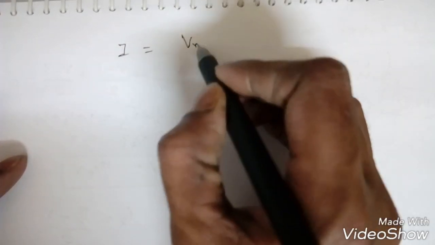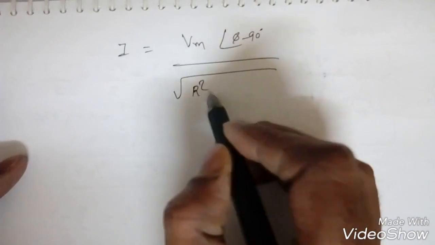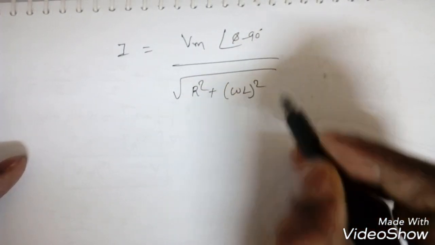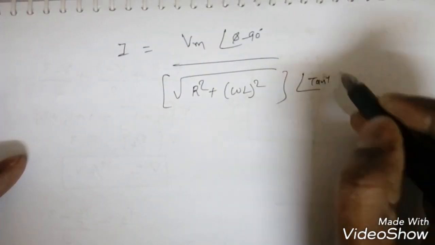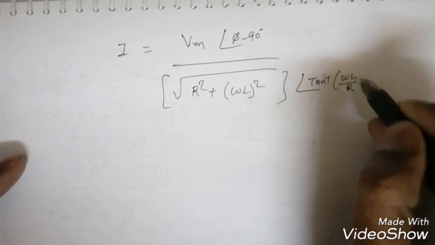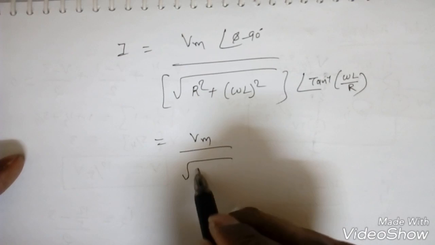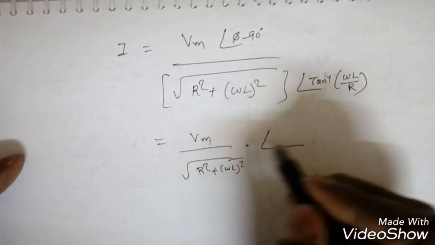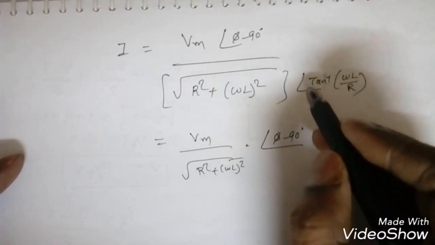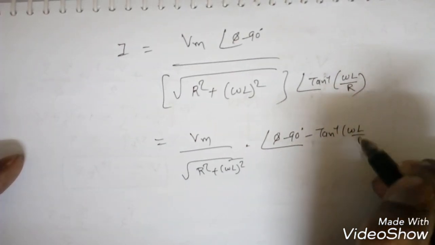Magnitude is root of real square plus imaginary square, into phase, that is angle tan inverse imaginary part, that is omega L, by real part R. So magnitude is Vm by square root of R square plus omega L whole square into angle pi minus 90 degree. This angle also will become minus tan inverse omega L by R.